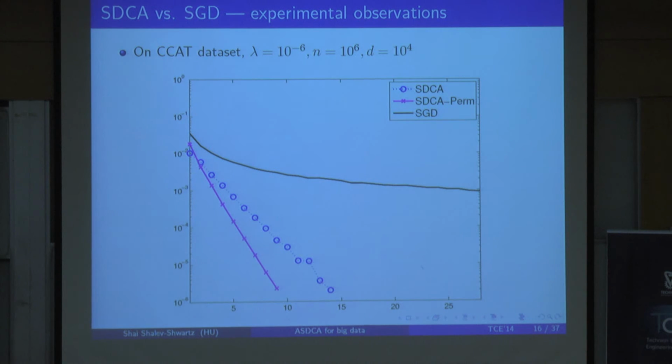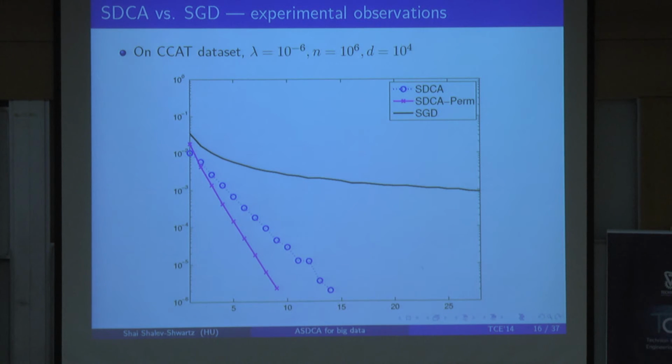The x-axis is how many iterations, measured by how many epochs over the data, how many times you go over the entire data set. And what you can see is that SGD is very slow, while in stochastic dual coordinate descent, you see almost a straight line, which means that the convergence rate is logarithmic in 1 over epsilon, as opposed to 1 over epsilon for stochastic gradient descent. So a straight line in semi-logarithmic scale means log 1 over epsilon dependence.